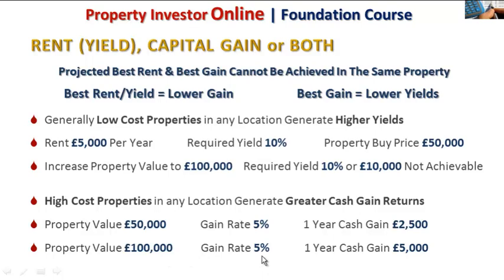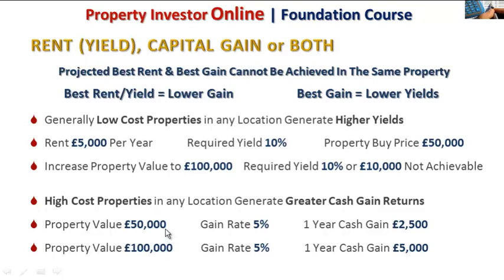And bear in mind, in any single location, that the higher value properties are scarcer, there's less of them. It is unlikely. And also historically, the difference between £50,000 and £100,000 properties has been maintained. This gap does not reduce.